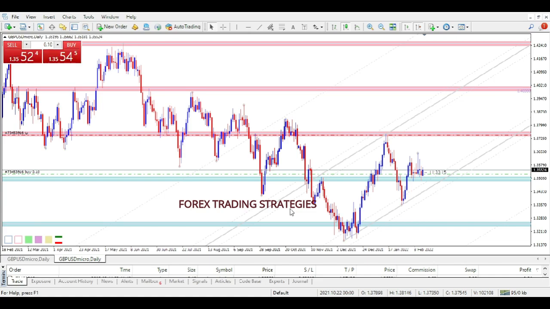You can get as much volume and movement in that overlap, because now you can trade London-based, European-based forex pairs, as well as American side, New York side pairs like USD, Canadian, Mexican peso, and stuff like that.